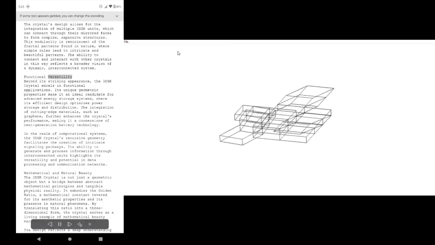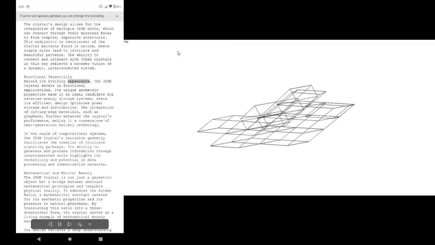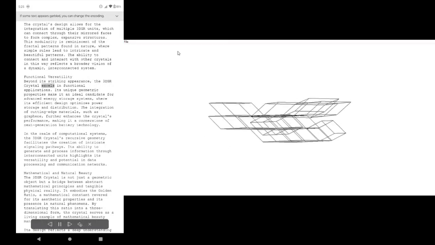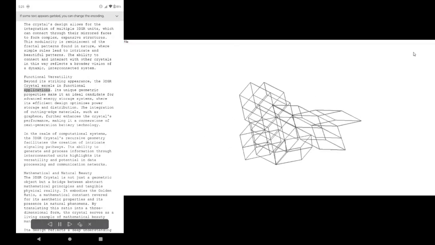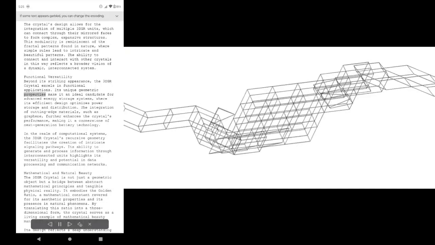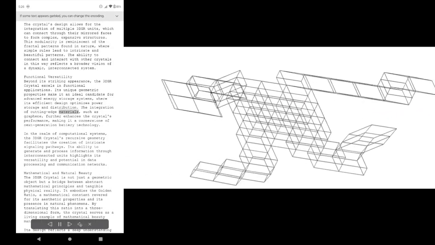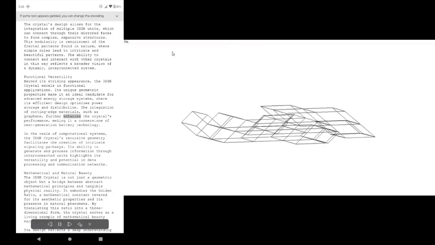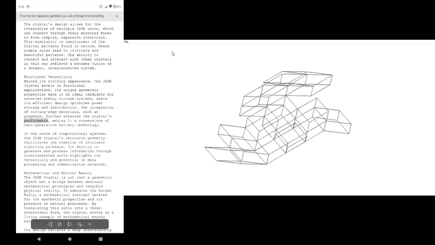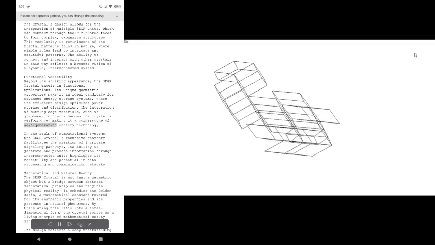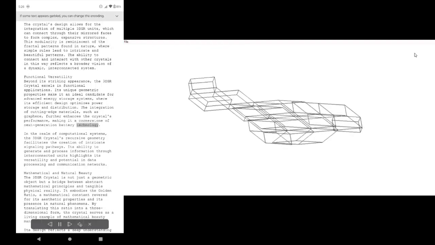Functional versatility. Beyond its striking appearance, the 3D-GR crystal excels in functional applications. Its unique geometric properties make it an ideal candidate for advanced energy storage systems, where its efficient design optimizes power storage and distribution. The integration of cutting-edge materials, such as graphene, further enhances the crystal's performance, making it a cornerstone of next-generation battery technology.